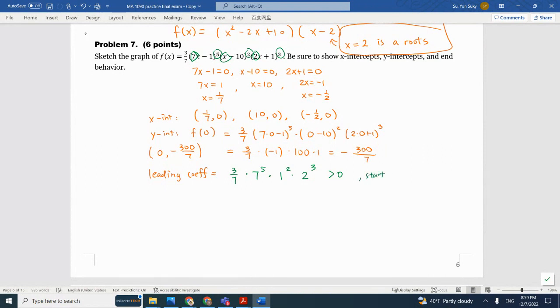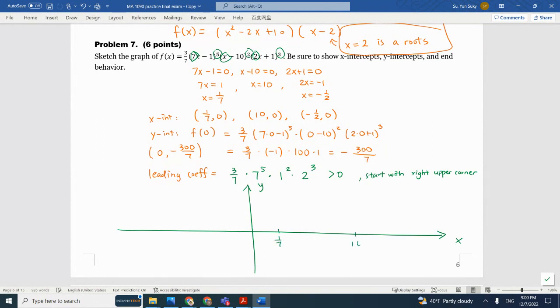So we start with the right upper corner. So let's plot them. X-axis and the y-axis. So x is 1 over 7.